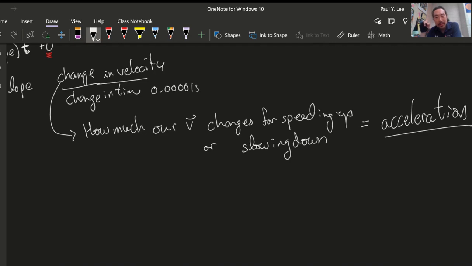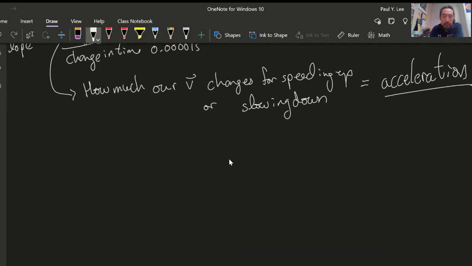So that is either a speeding up or a slowing down. And so the formula becomes acceleration, which is a, is equal to v over t, but because we're looking at the change, it'll be delta v over delta t.